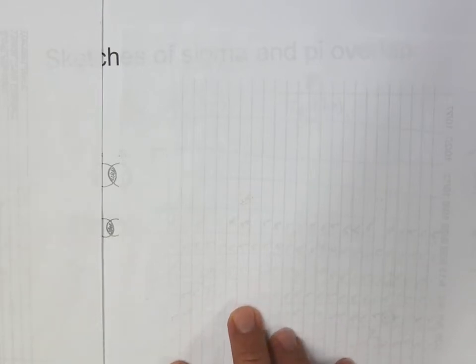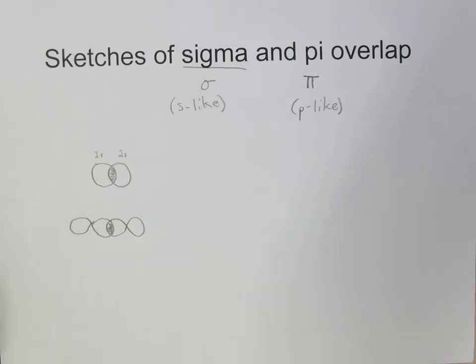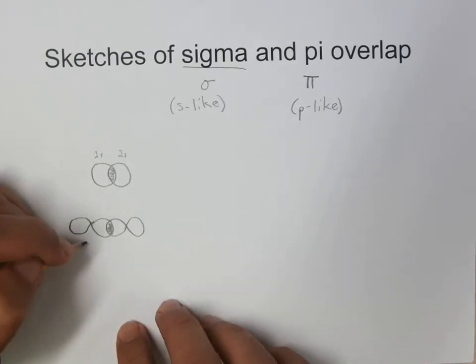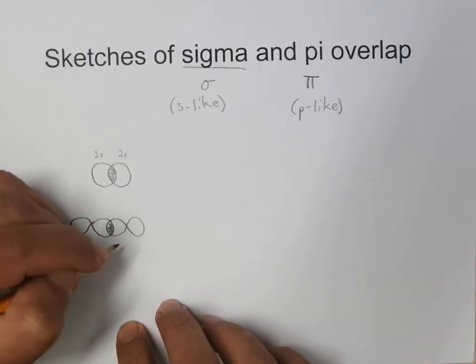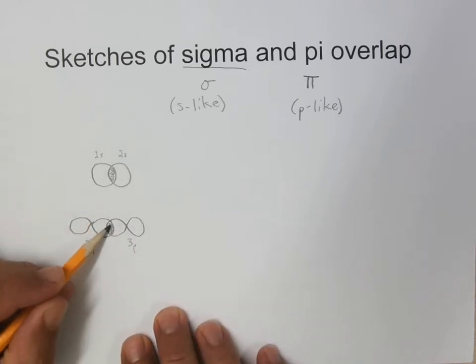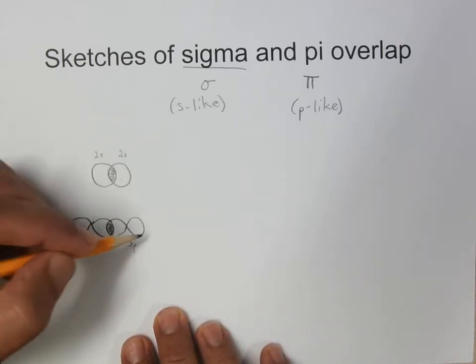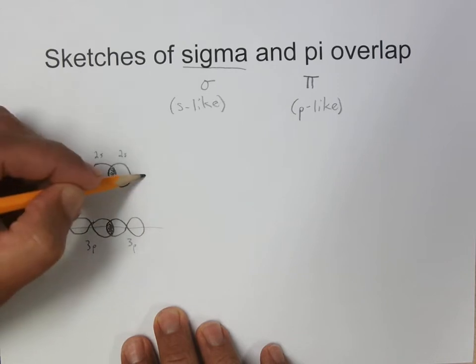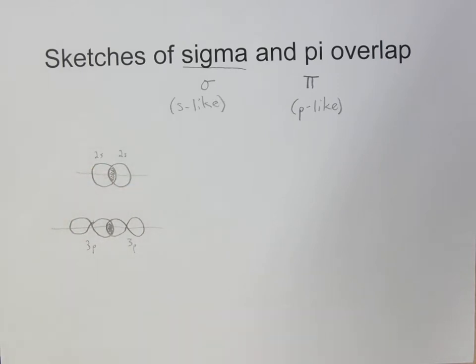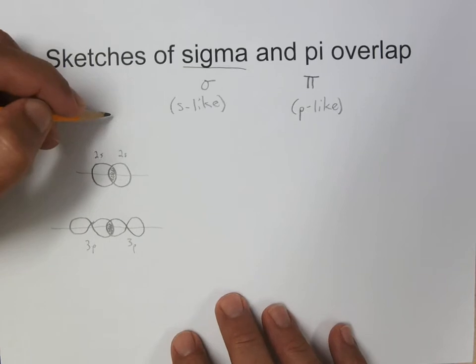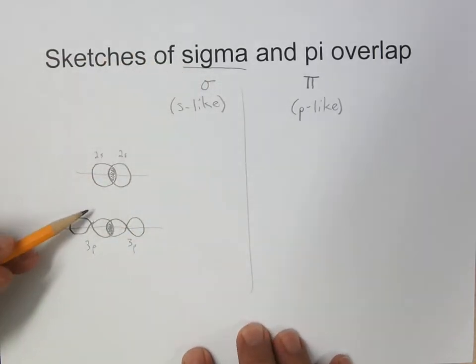It doesn't matter that the source orbitals in one case were s orbitals, and in the other might have been, say, 3p orbitals. If they're overlapping head-to-head, in line with the internuclear axis, then they're going to form sigma bonds. So the sigma bonds look like this.